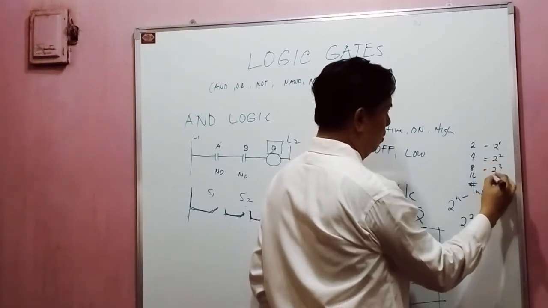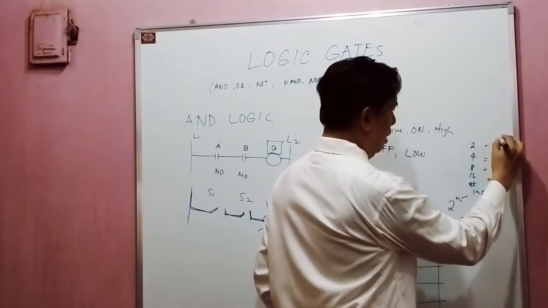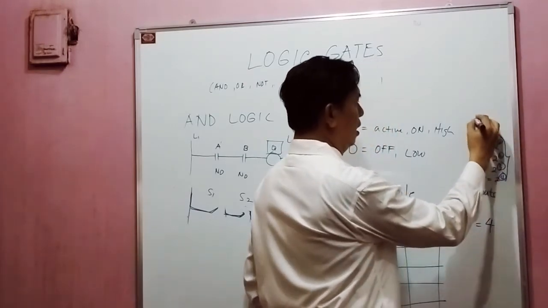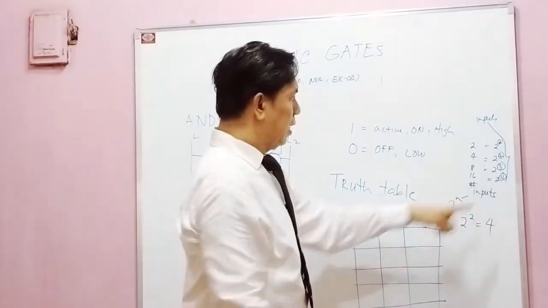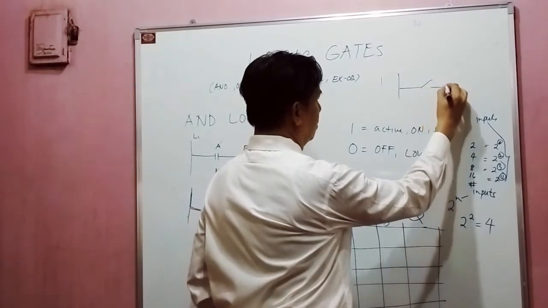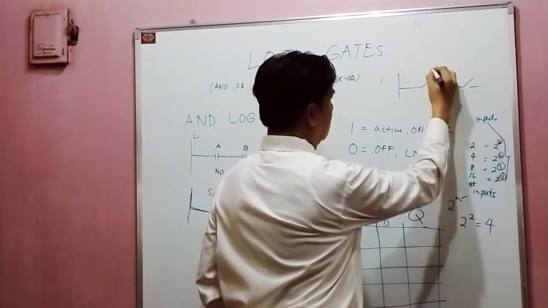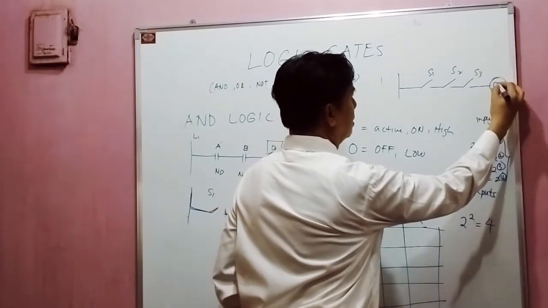Here is 2 to the cube. Here is 2 to the 4. So here, the exponent, as I've said, is the number of inputs. Okay, so for example here, you can have 3 inputs. Yeah, so switch 1, switch 2, switch 3, and this is the output. Yeah?